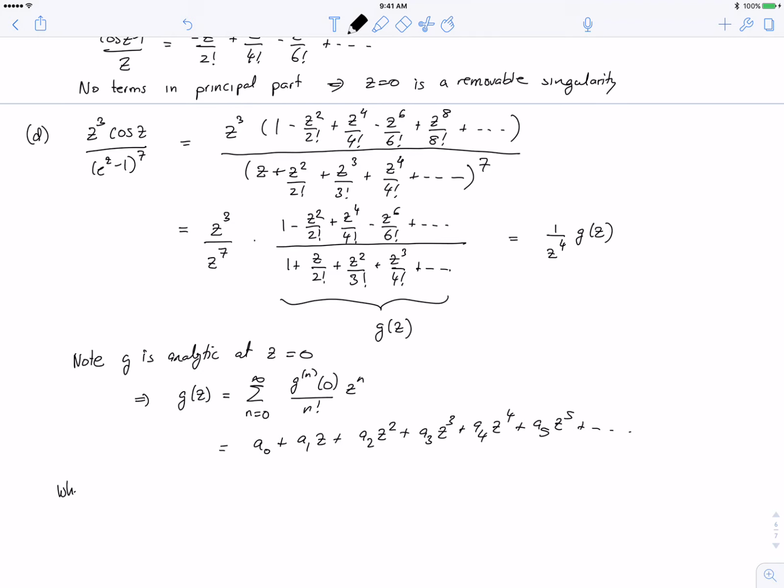So then when z does not equal 0, I can divide both sides by z to the power of 4. And if I divide g of z by z to the power of 4, I just get f of z.